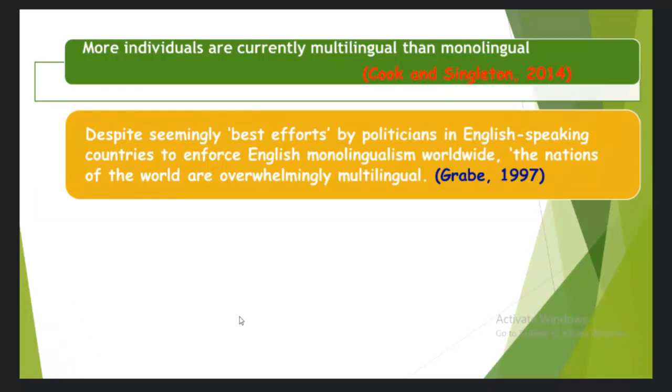And although there are some endless efforts of politicians to try to make English the only unique language in the world, it is accepted that all nations in the world are trying to make the world in the view of multilingualism.